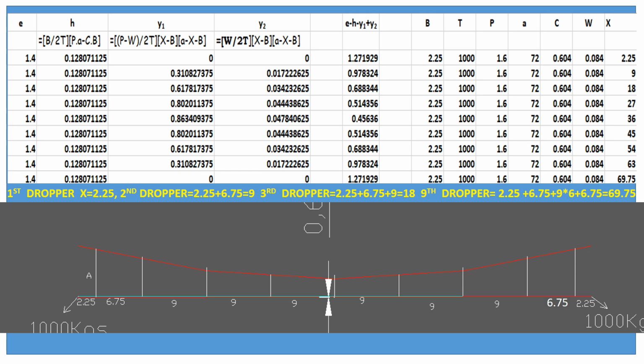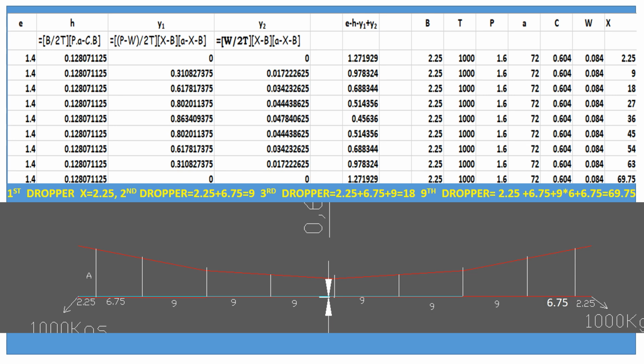Then Y2 will be added. It is the contact wire stagger. Due to the placement of droppers, the conductor is almost horizontal, but some sag will be there due to its weight. So it is Y2. The dropper length is E minus H minus Y1 plus Y2.